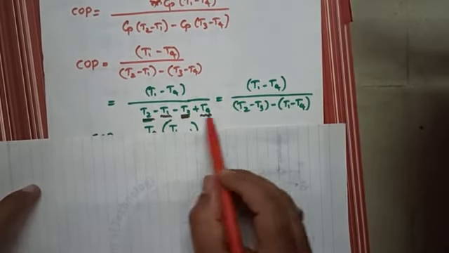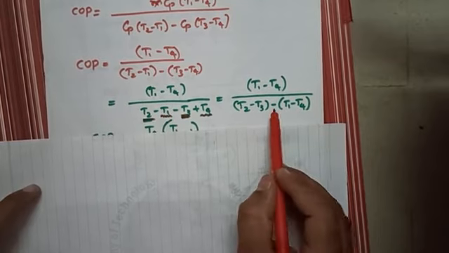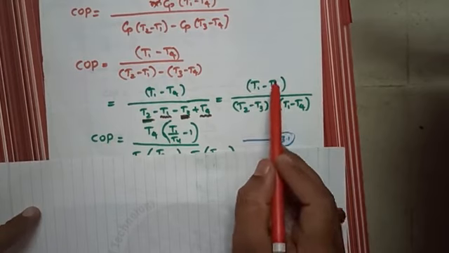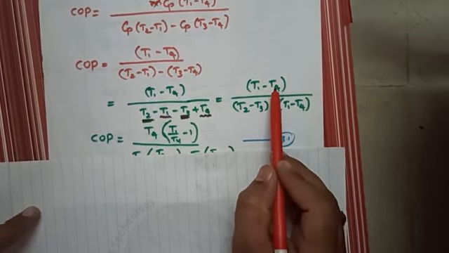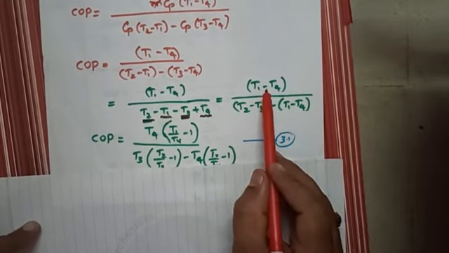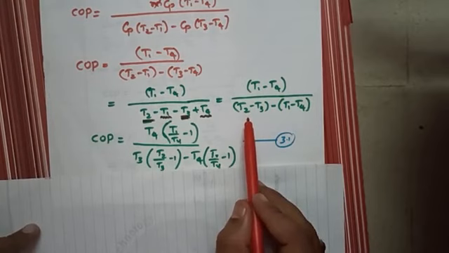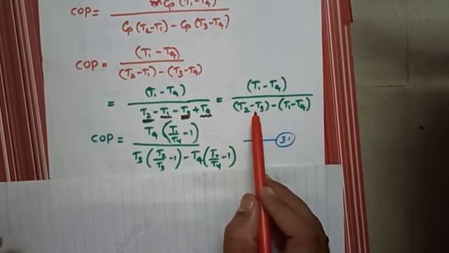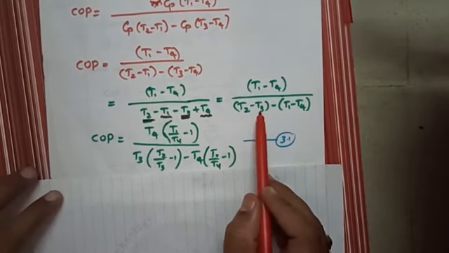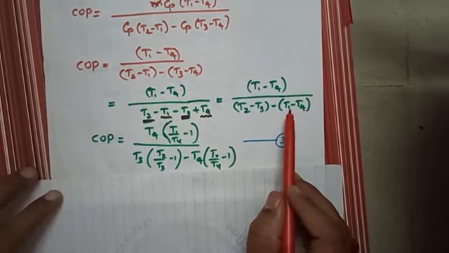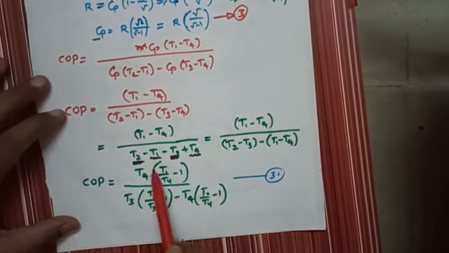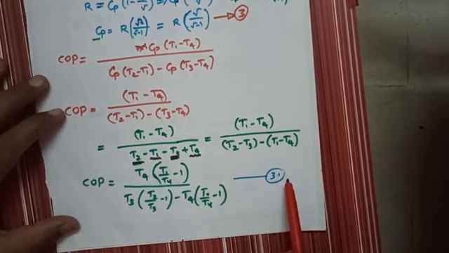T2 minus T3, and between these two I have taken minus common, so T1 minus T4. From this equation, if you take T4 common, it becomes T1 by T4 minus 1, and here you take T3 outside, T3 (T2 by T3 minus 1), and here you take T4 outside, T4 (T1 by T4 minus 1). This is equation 3.1 I will take.